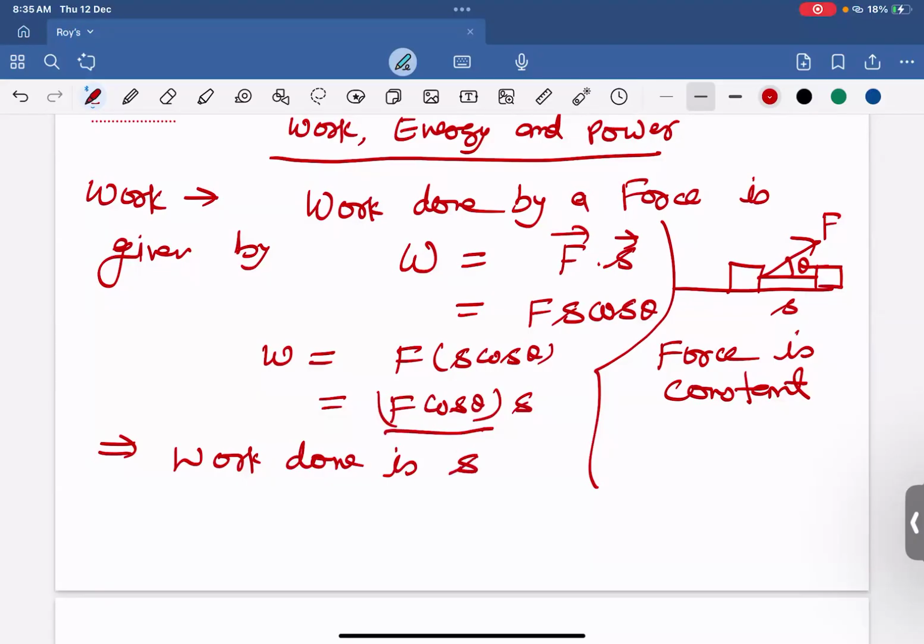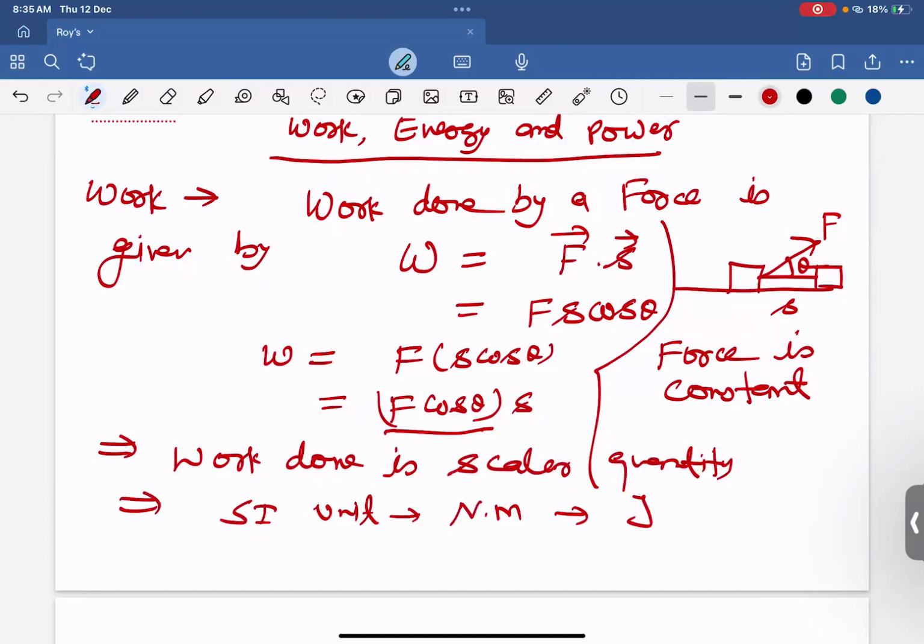So it is a scalar quantity. Its SI unit is force multiplied by displacement, that is Newton meter. Also you can call it Joule. Okay, this is basically clear.